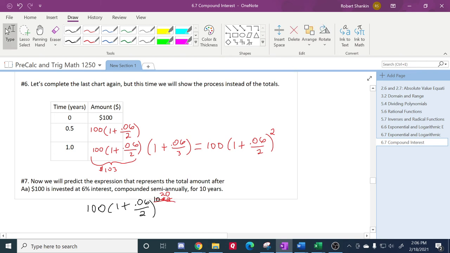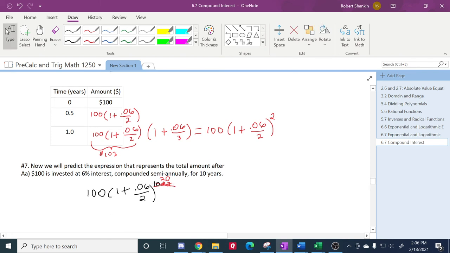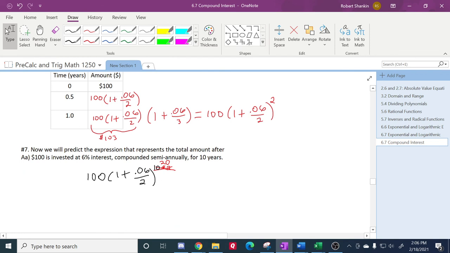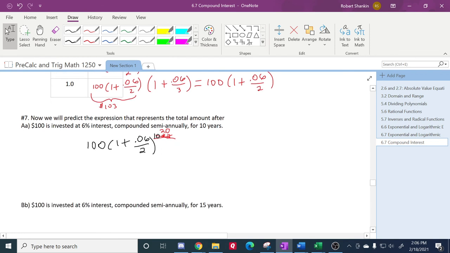So that got us going on that. We just refined it a little bit, and we've got an expression for that. All right, let's do the next one. Make an expression for $100, invested at 6% interest, compounded semi-annually for 15 years. I'm going to give you 30 quick seconds.